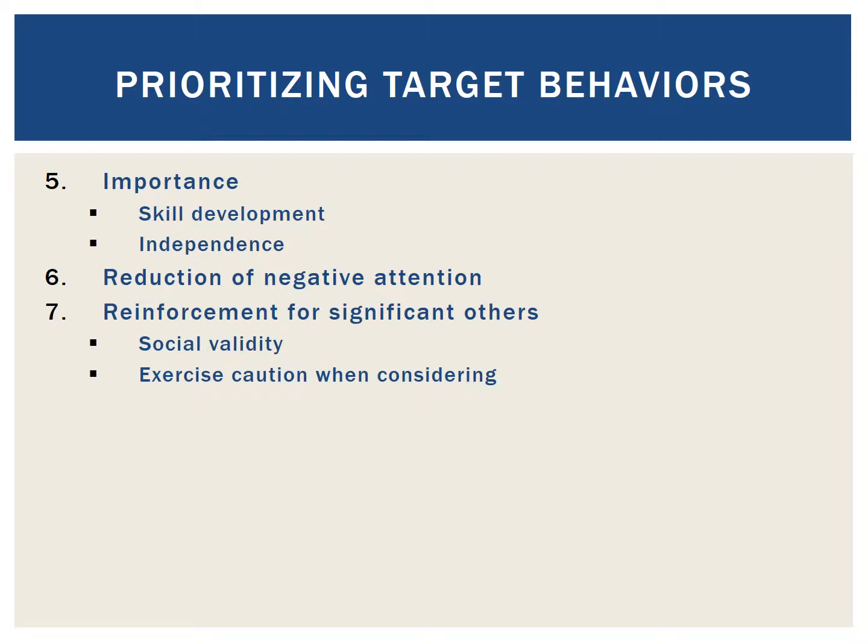Also, another factor is to what extent is the change in behavior going to reinforce significant others, other people in that person's life. So we come back here to the concept of social validity, and we're going to deal with that in another session later on. But social validity is the extent to which other individuals in the environment view that behavior change as being important and significant. And this has become an increasingly important measure in applied behavior analysis.